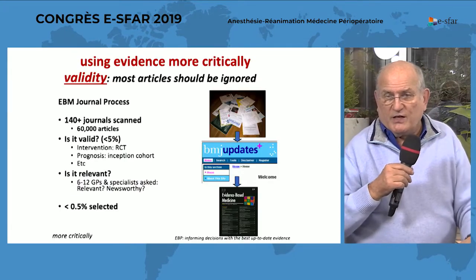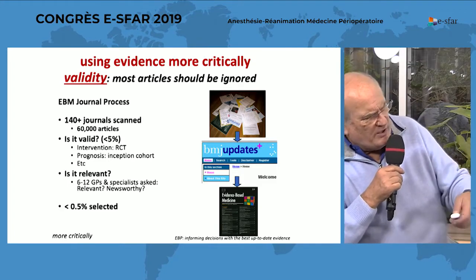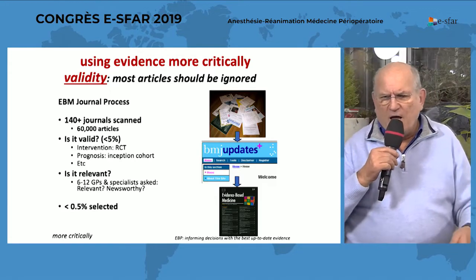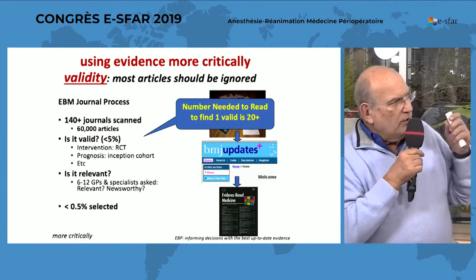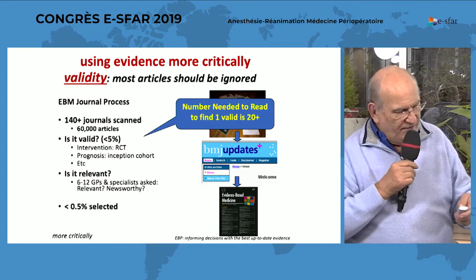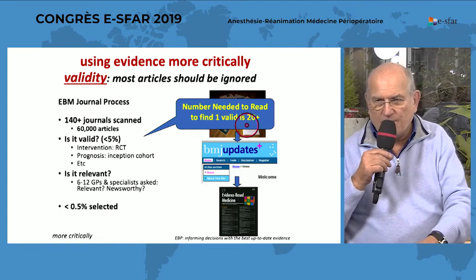And to finish this, okay, you go to evidence-based medicine, you are an academic guy, you read everything, you're aware of everything, and you are looking for all the things. To have one paper classified as a valid paper for evidence-based medicine, you need to read at least 20.